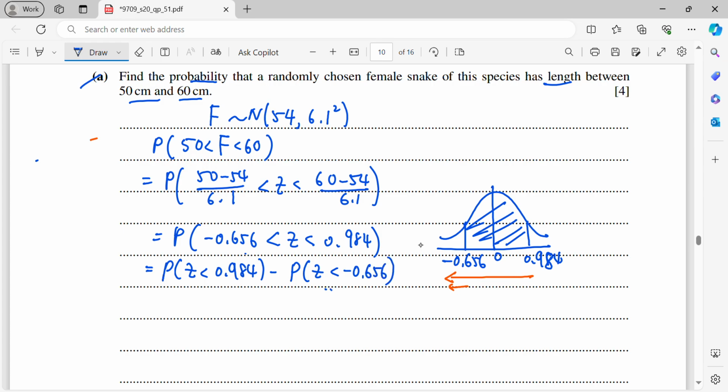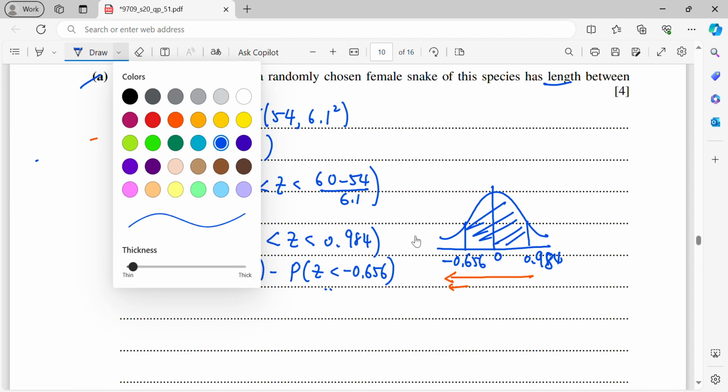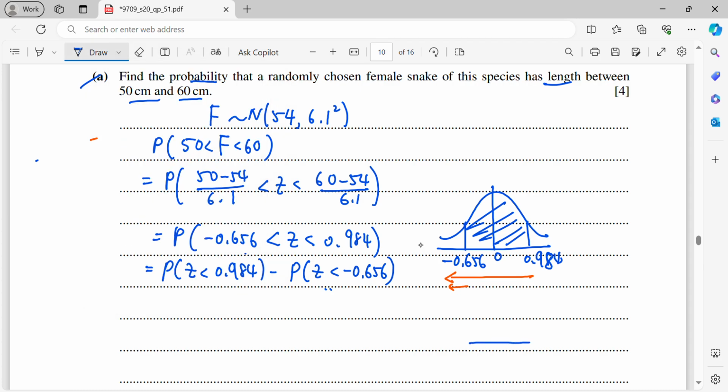Now for the negative part, right, I need to draw another graph. So I draw another one to show the second probability, less than negative 0.656. This is a blue region. Okay, now because the region is on the left side, so I flip. So once I flip, this becomes orange color and the value is 0.656.